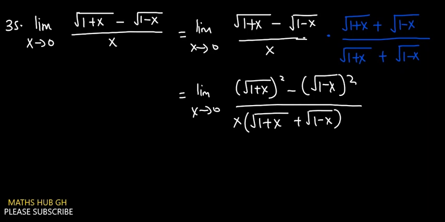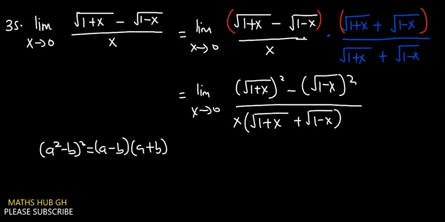For the numerator, if you have a squared minus b squared, this will give us a minus b multiplying a plus b. It's the same thing that I apply to the numerator. So this is the a minus b, and this is the a plus b. I just transformed it into the square root of 1 plus x squared minus the square root of 1 minus x squared.